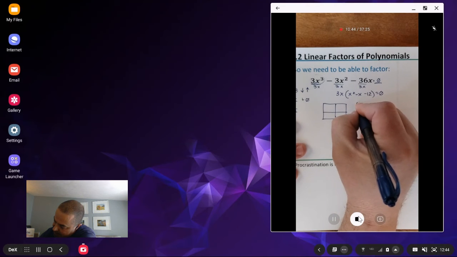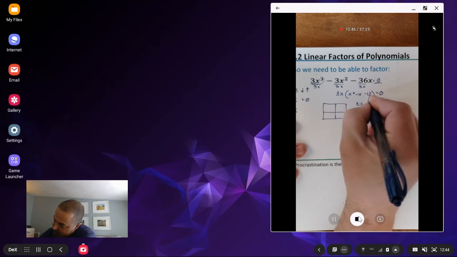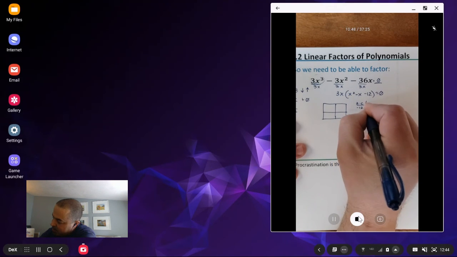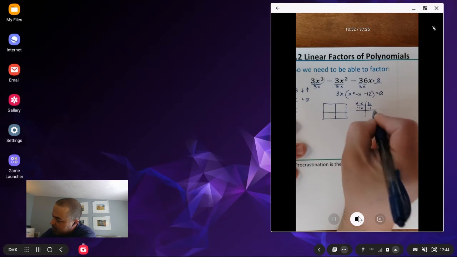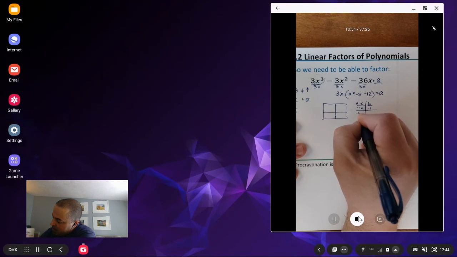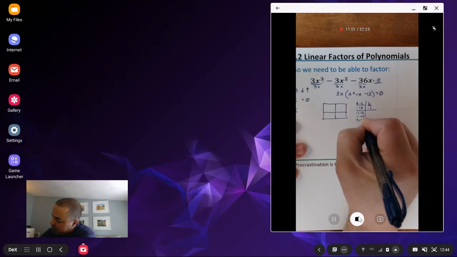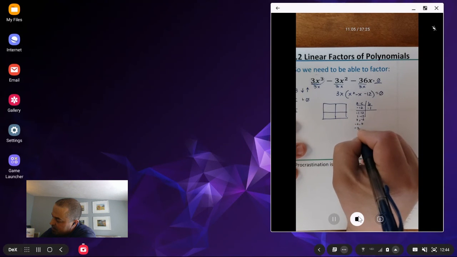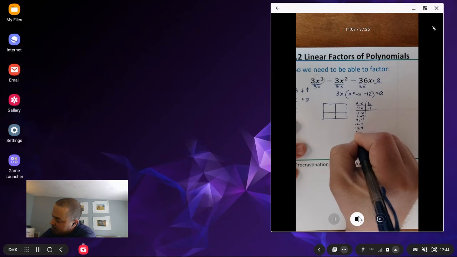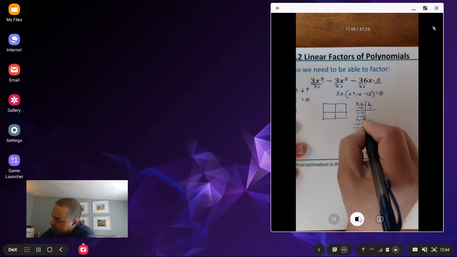okay? A times C, so 1 times negative 12 is negative 12. Factors of negative 12 have to add up to negative 1. So I have negative 1 and 12, 1 and negative 12, 2 and negative 6, negative 2 and 6, negative 3 and 4, and 3 and negative 4.